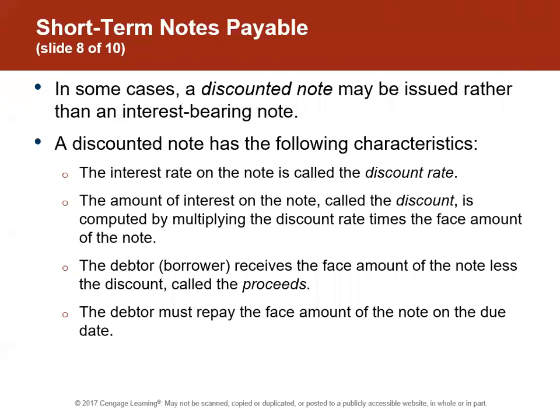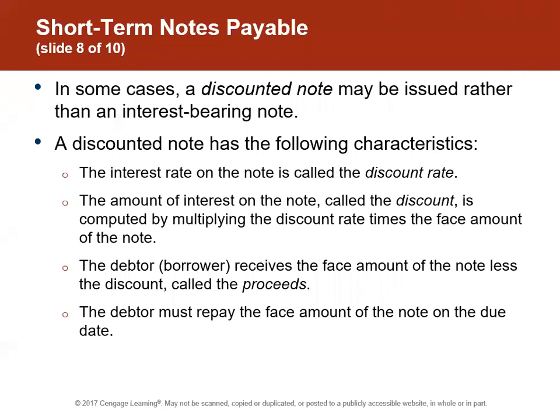The debtor is still going to pay back the face value. So really it's all equal in the end, they're still getting interest. It's just that the creditor that's lending us money is issuing less money up front. So from the debtor side, the borrower, it's like we're paying the interest up front almost.